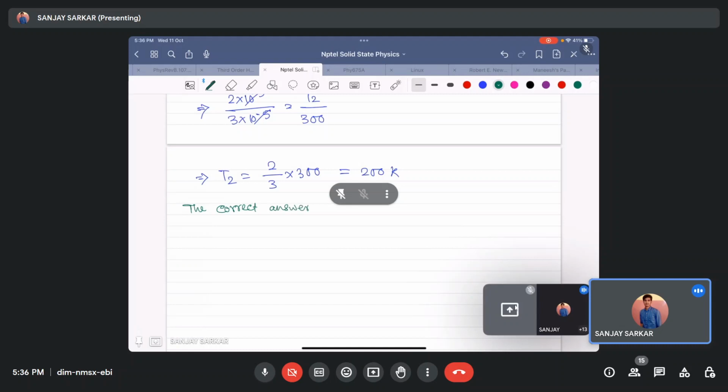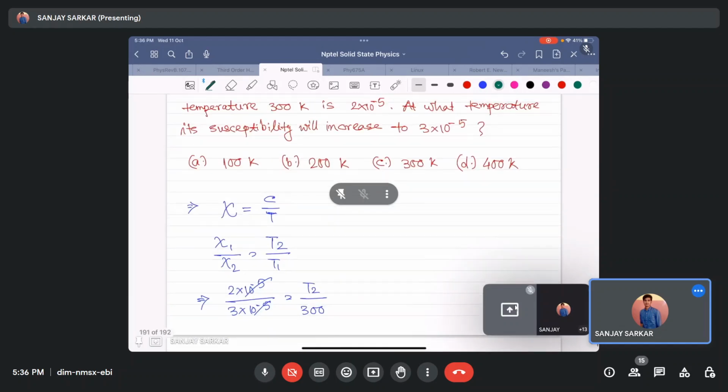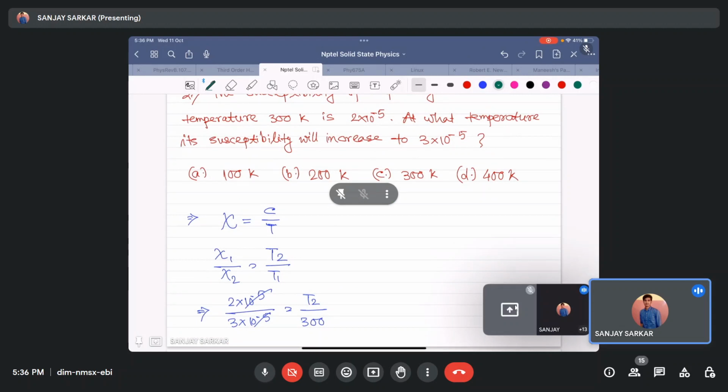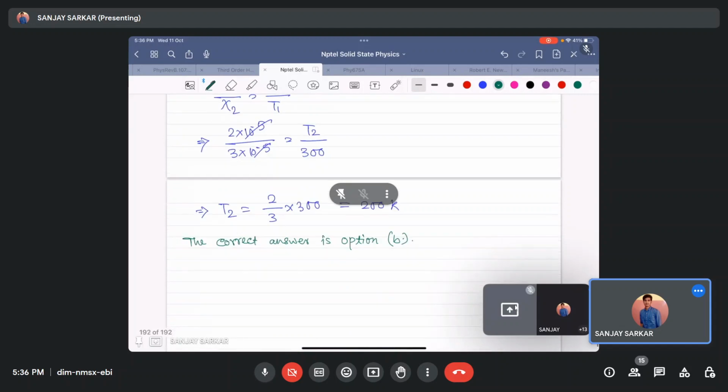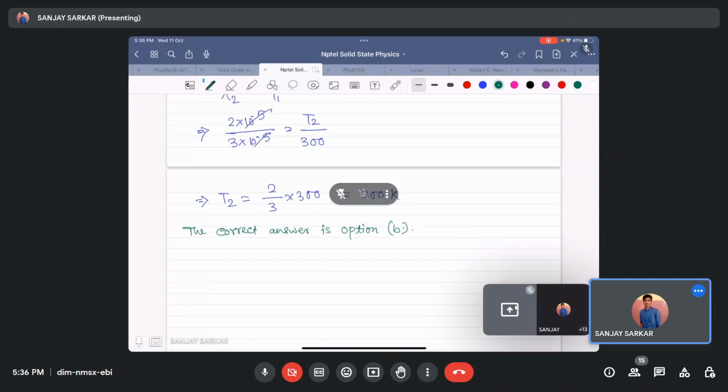Is it clear that chi is inversely proportional to temperature for paramagnetic material? Then chi1 by chi2 is equal to T2 by T1, and we just used the information given in the question. It was an easy question to solve.